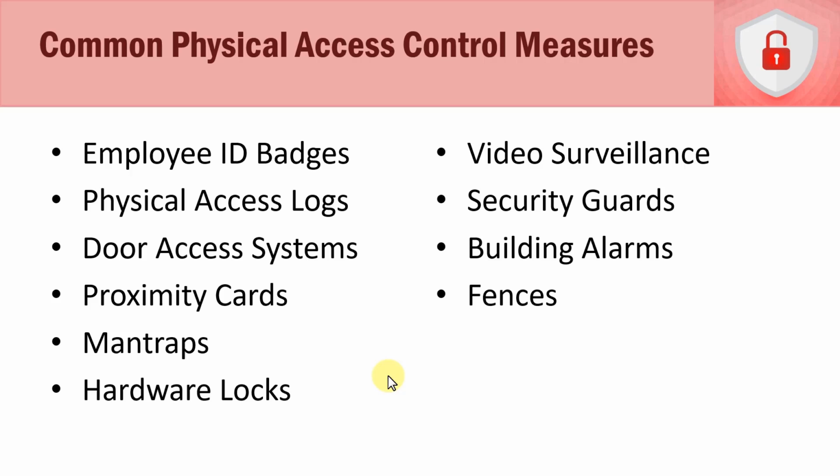Having an ID badge is a common way for people that work in your organization to identify you as an employee. Same thing for the security guards. Physical access logs, door access systems, proximity cards to get into secure areas, man traps, hardware locks on your doors, video surveillance throughout your property, security guards, building alarms, and fences. So these are all common physical access control measures.